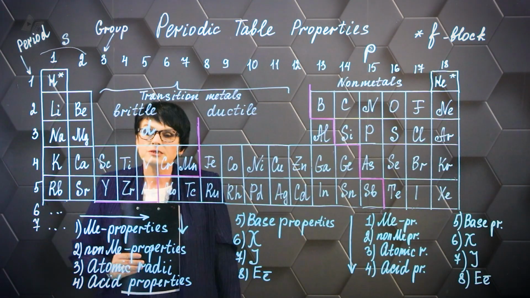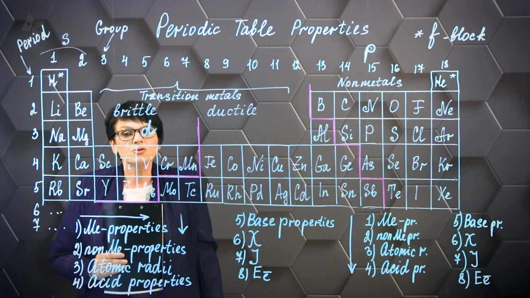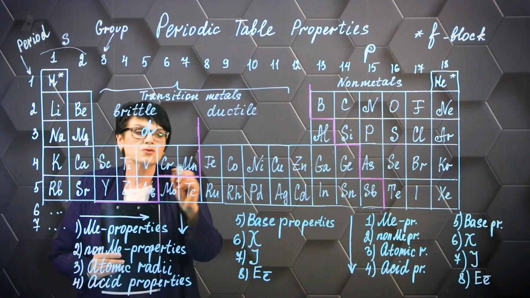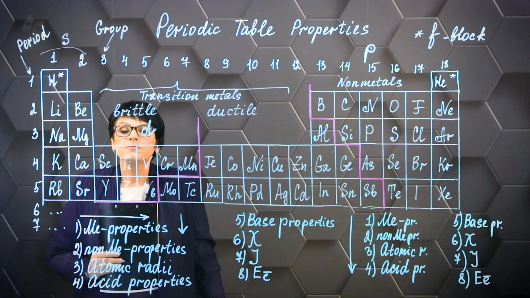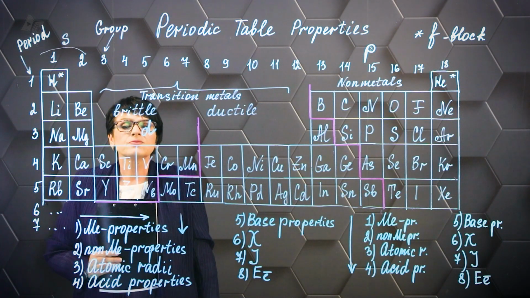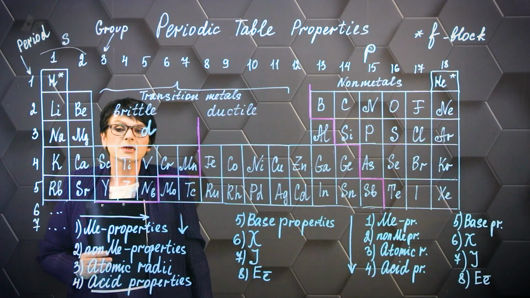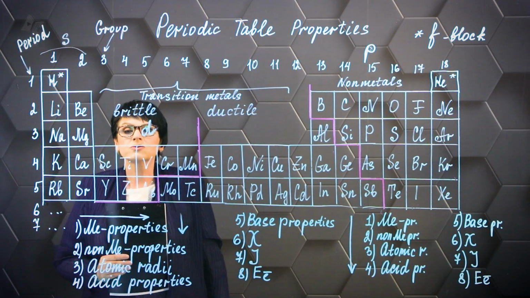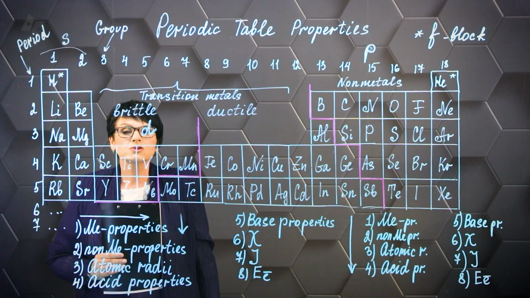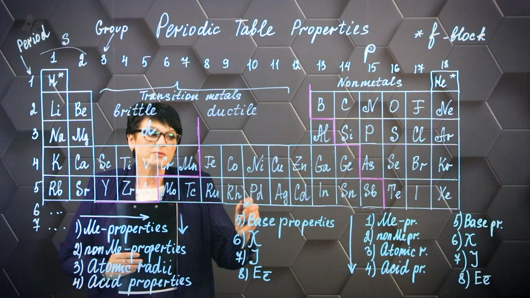But here I would like to warn you that for the elements that we call transitional elements or D elements, such a pattern generally looks like a basic general pattern, but since the structure of these elements is more complex, there may be exceptions. I'll give you an example. For example, copper, which stands in the 11th group of the 4th period, stands before zinc.